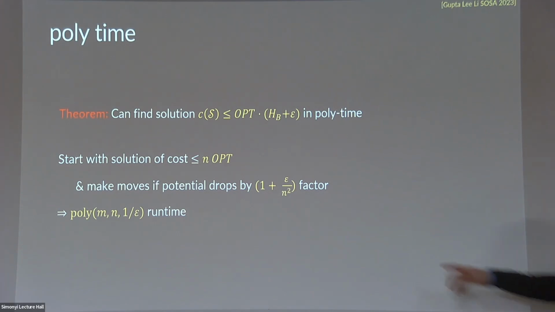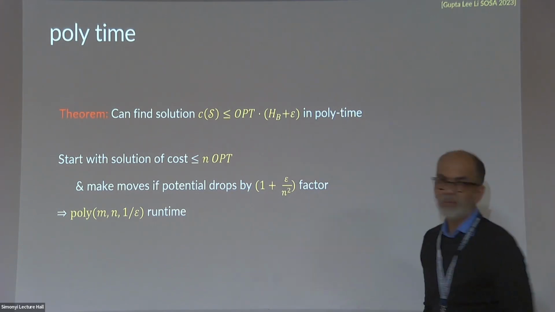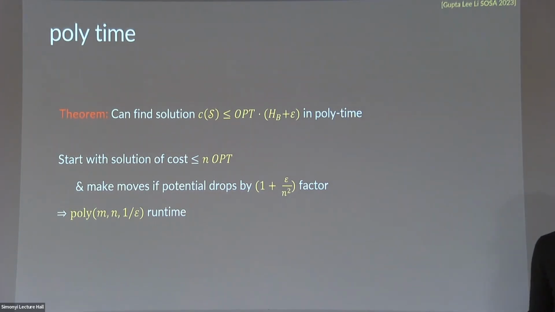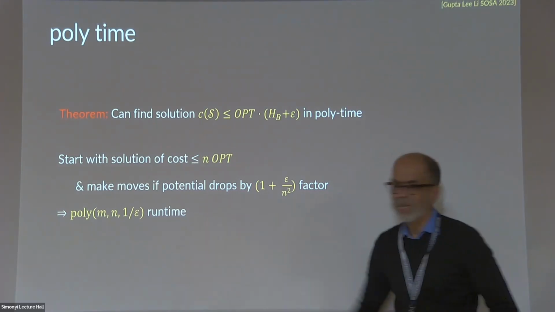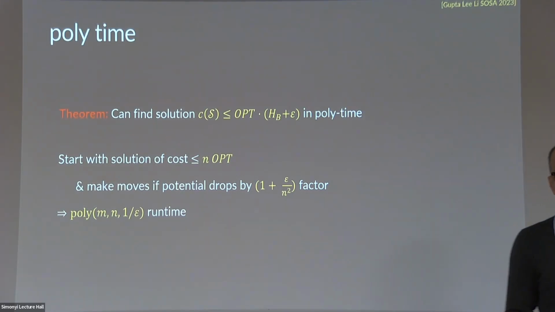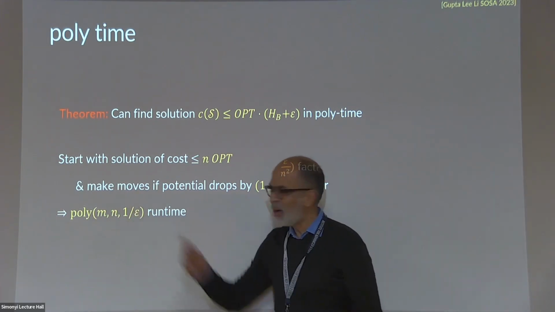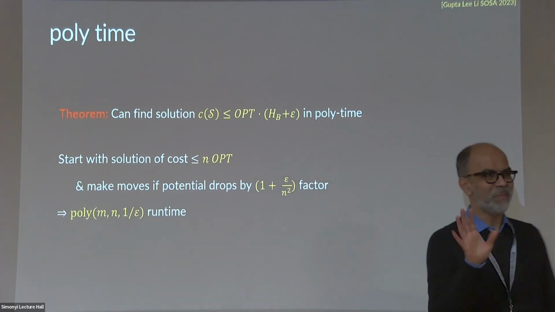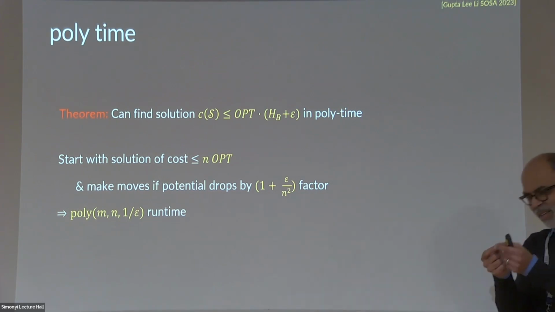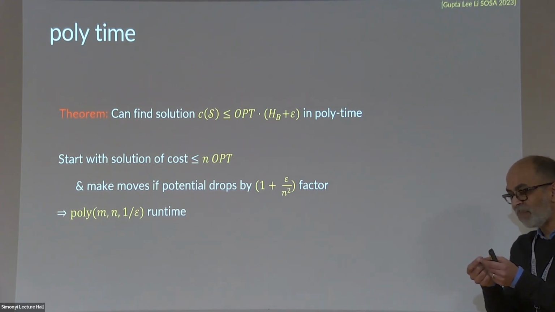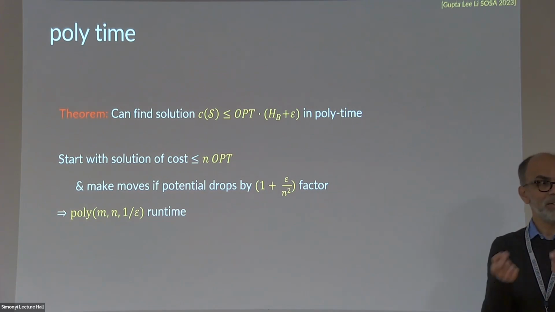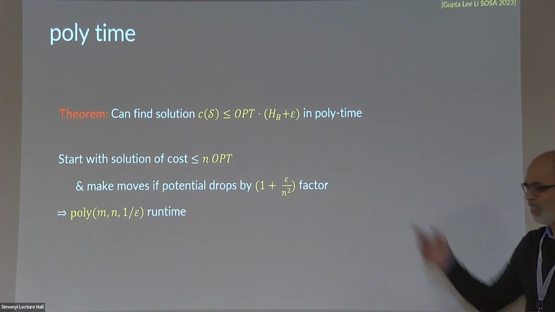So as long as you're happy with a fudge factor of plus epsilon in the approximation, you don't need to worry about runtime. The runtime is something like this. And of course, you could say, can we get a poly of m, n, and log 1 over epsilon? Those questions then become hard. They start becoming related to questions of the complexity of local search algorithms. Can you find a local max cut fast? Can you find a local solution to this fast?